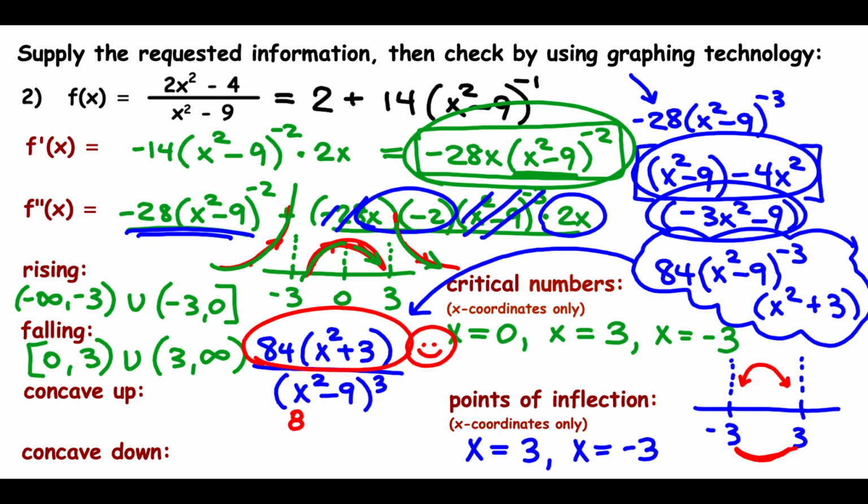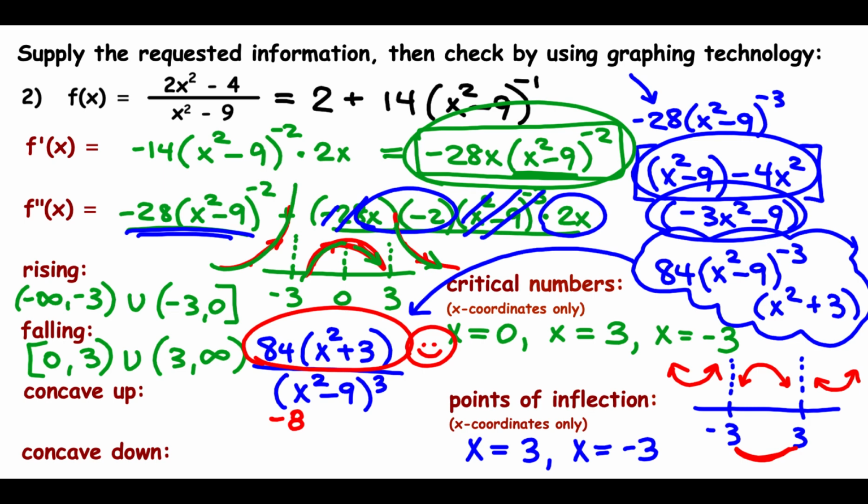That's definitely positive enough, and it's getting cubed nonetheless. If you try a negative 8, you're going to end up with a negative 64 minus 9. Again, that's a positive number, and you're cubing it. So in those regions, you're going to be concave up. So yes, 3 and negative 3 were both points of inflection.